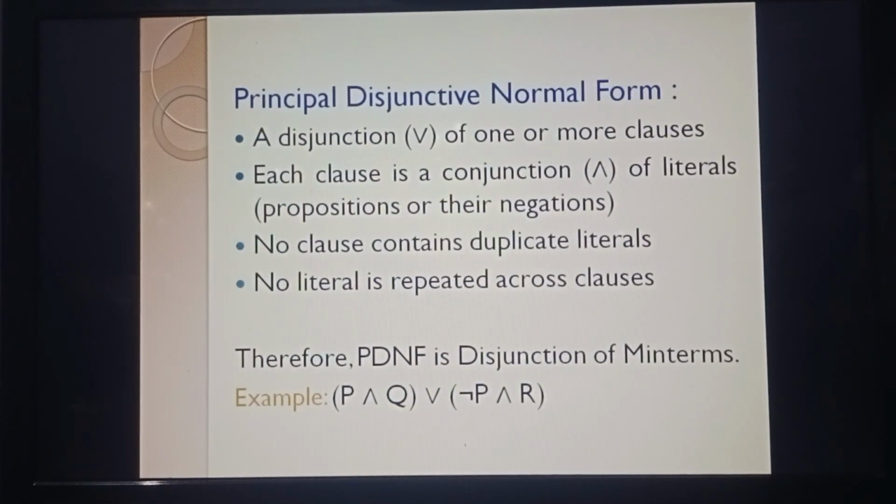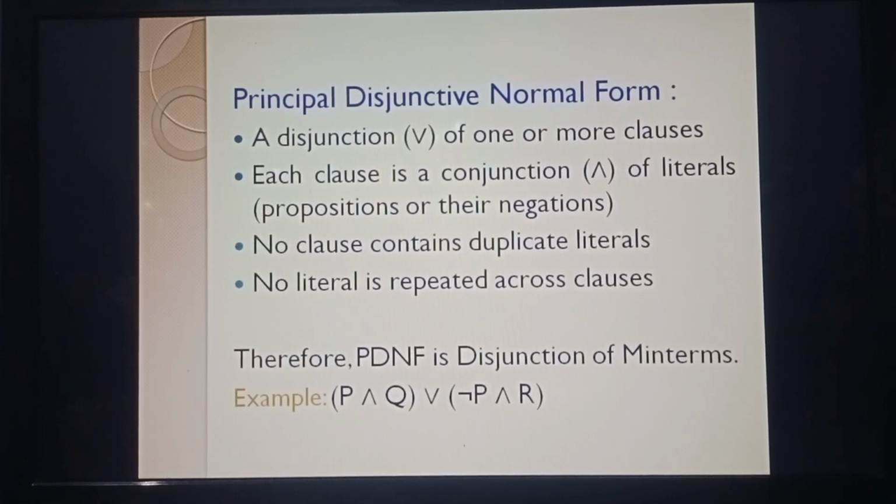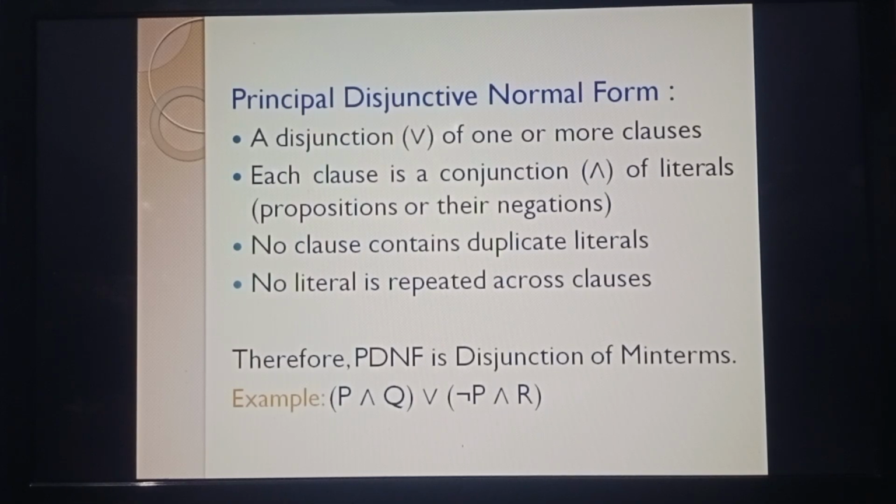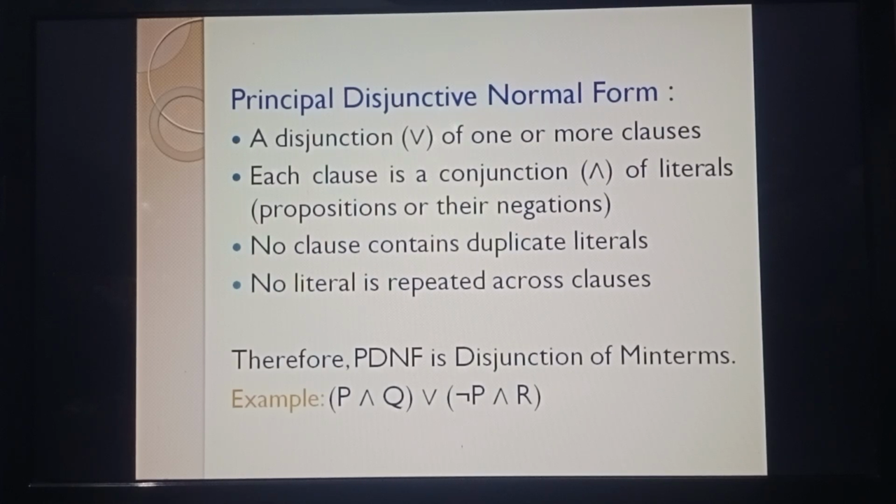Next, PDNF. PDNF, principal disjunctive normal form, is a disjunction of one or more propositions. Each proposition is a conjunction of literals. No proposition contains duplicate literals. No literal is repeated across propositions, as in the principal conjunctive normal form. Therefore, principal disjunctive normal form is disjunction of min terms.